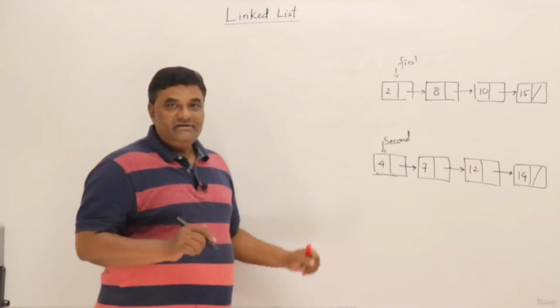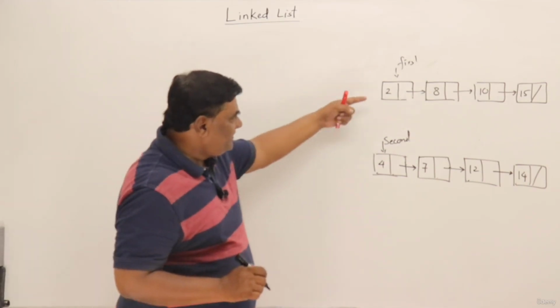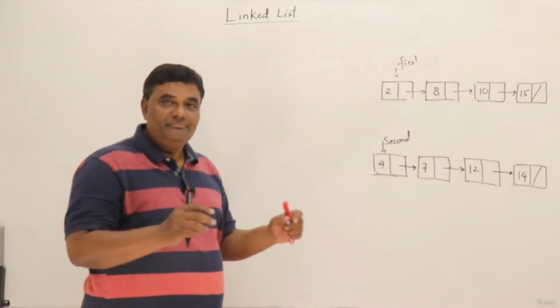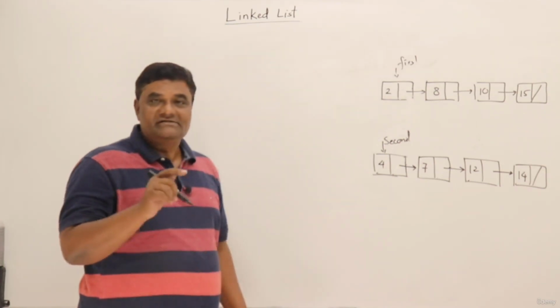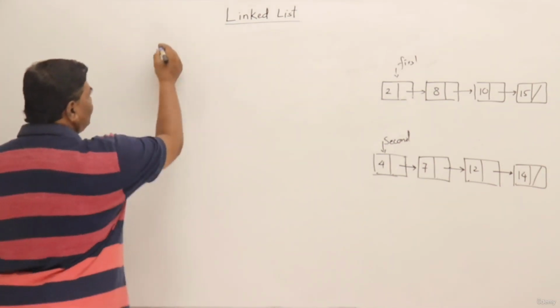Now back to the same thing. What was the first step? The first step is to check who is smaller, whether the first one or the second one. Whoever is smaller, bring two pointers, that is third and last, on that node. So I will write down that code.